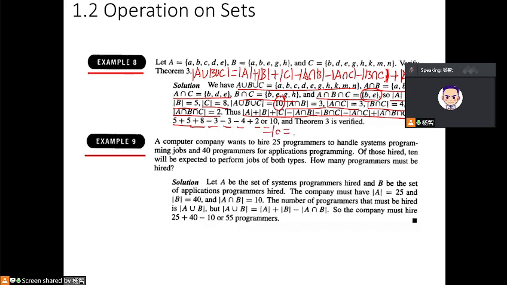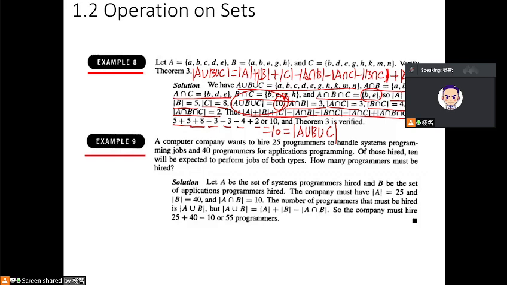So it's equal to the cardinality of the union of A and B and C, because it's equal to 10. Is that right? Yes, right. So we have used example 8 to verify theorem 3.